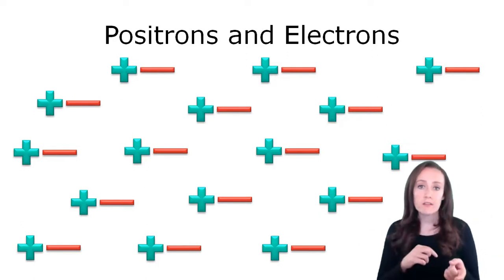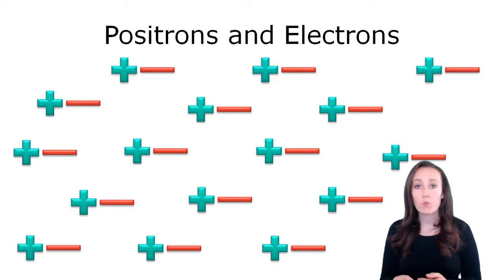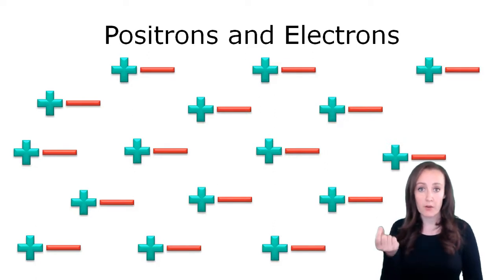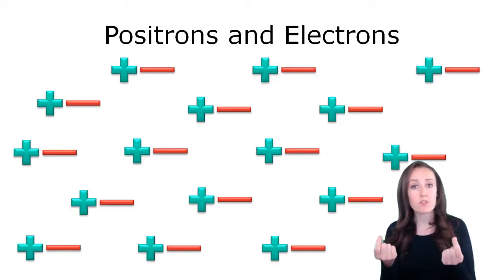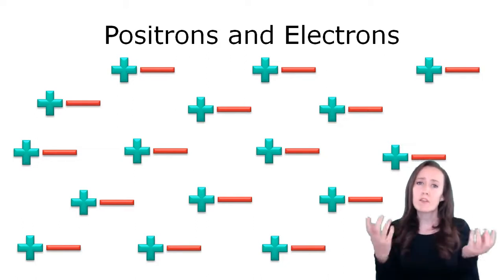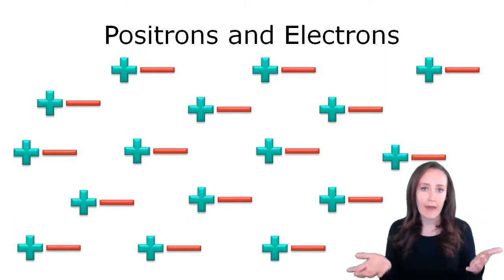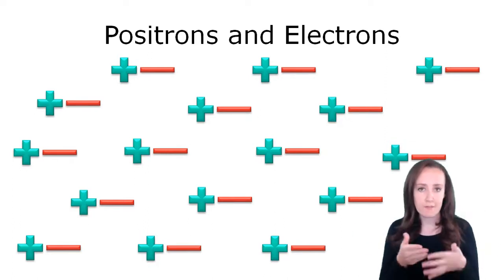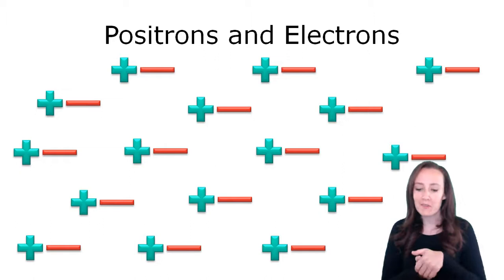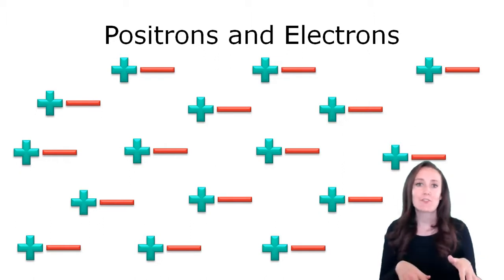So positrons and electrons are subatomic particles where the negative charged particles are electrons and the positively charged ones are positrons. Now there's also other things like protons and neutrons, and there's a lot of other things that happen on a subatomic particle level in real life. So don't use this as a chemistry lesson.